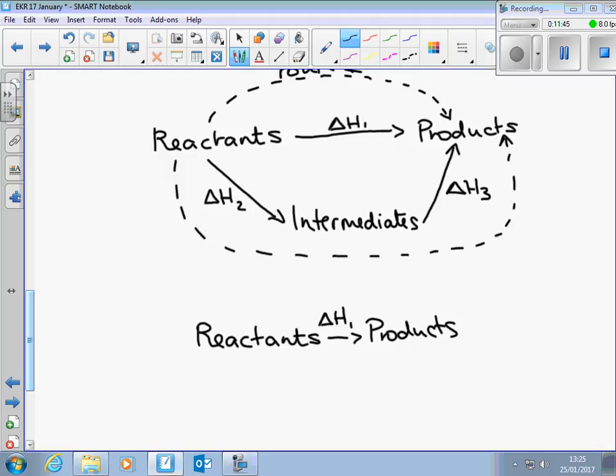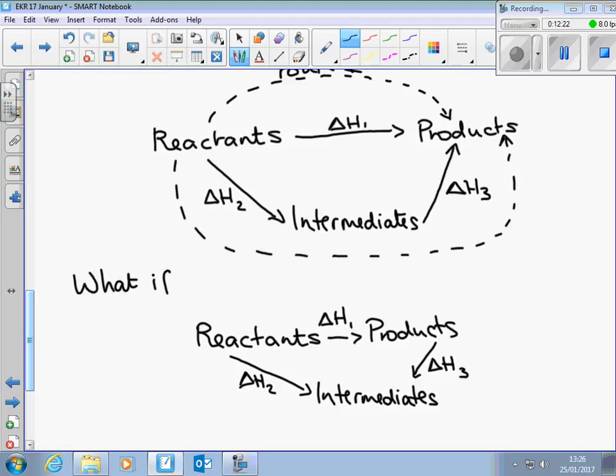And our intermediate option down here is a slight sidetrack. But what if it wasn't an intermediate between the reactants and the products directly? Let's say that you could convert your reactant into the intermediate. That'd be delta H2. But it's also possible to convert the products into the intermediate. They could sort of meet like that. So this is a what if.